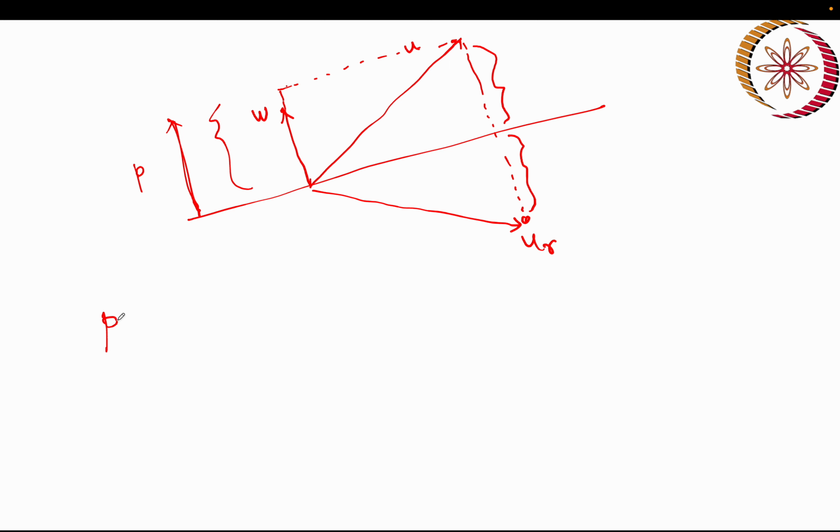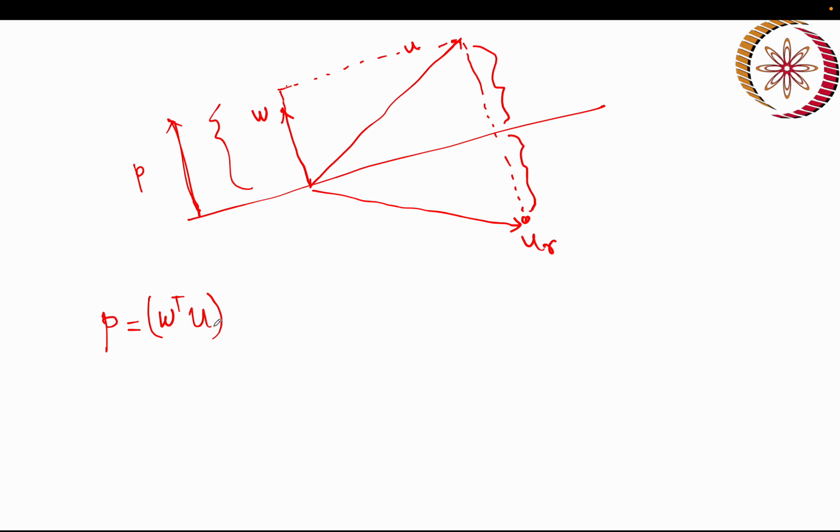So what will be the length of P? It will be W transpose U. This is nothing but the dot product.